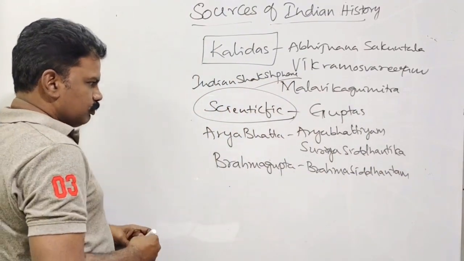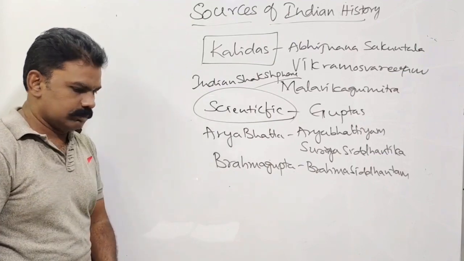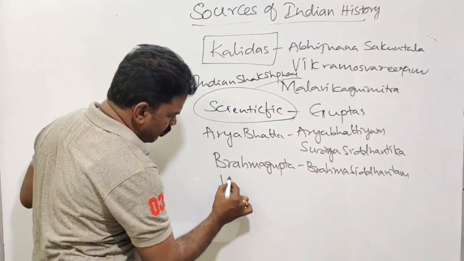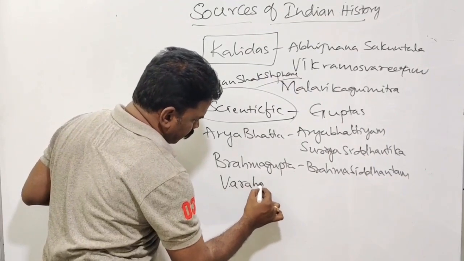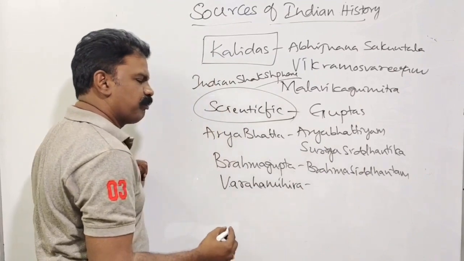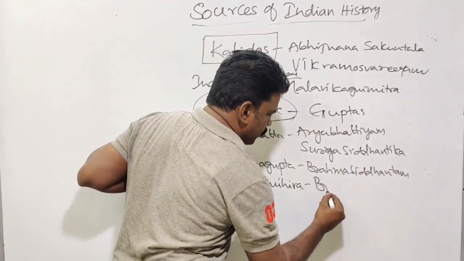Along with these two, another person, Varahamihira, wrote Brihat Samhita.